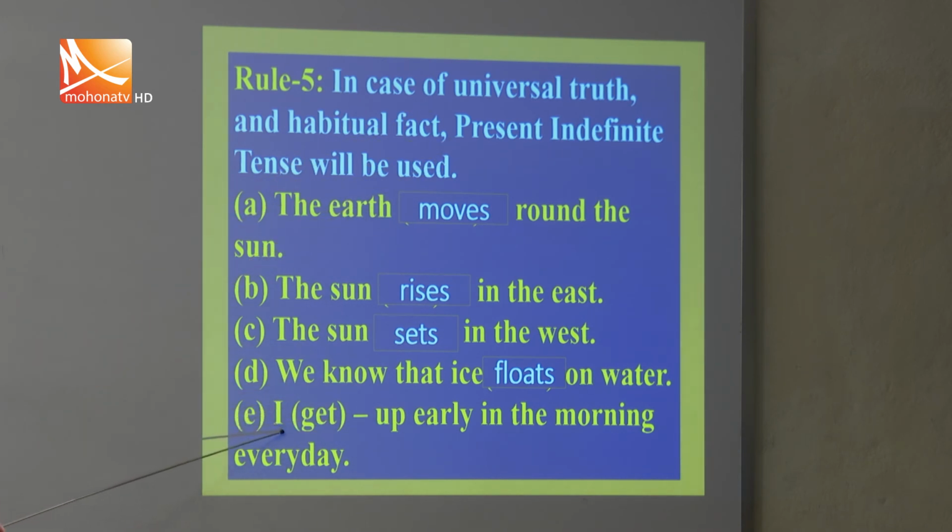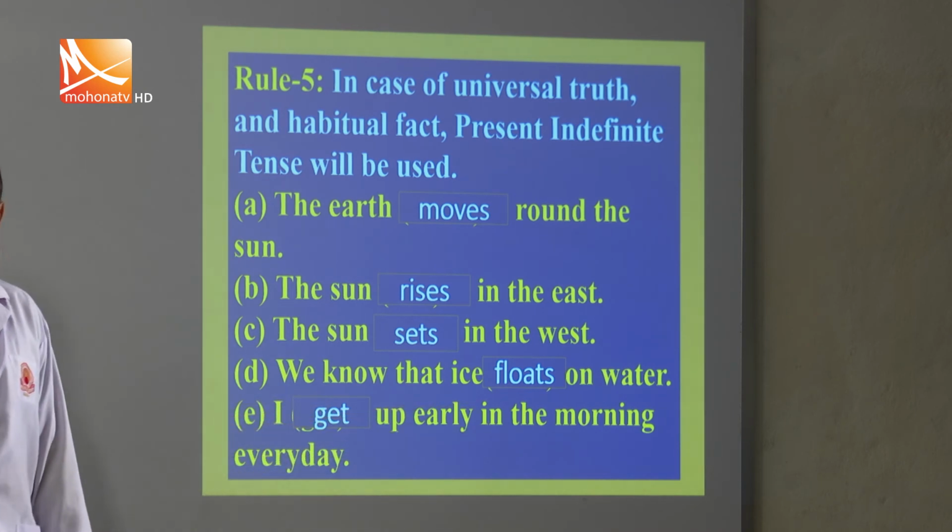As the subject I is not third person singular number, s or es will not be used with the verb. So, first person subject I can take only the basic form of the verb get. So, I get up early in the morning every day.